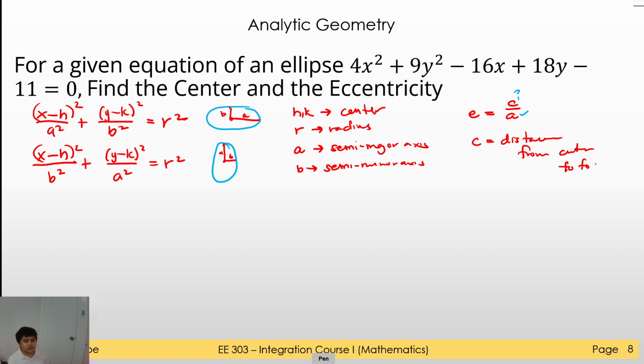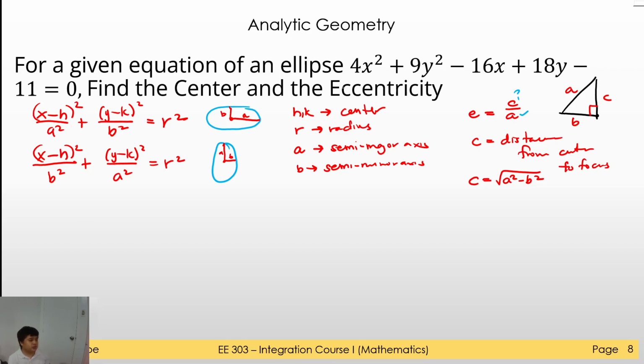And the C here is also equal to the square root of A squared minus B squared. So you can think of this as a triangle wherein your A here is your hypotenuse, and C and B are your legs. Okay, so let's solve this now.